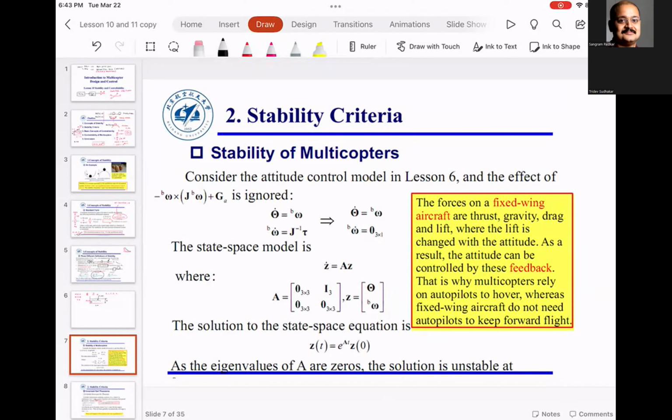In the last 6 equations, you have an equation which is capital theta dot is equal to omega, and you have another equation which is omega dot is equal to j inverse tau, and you have one term which is body rate, which is multiplied by j omega plus g. That term is usually small.